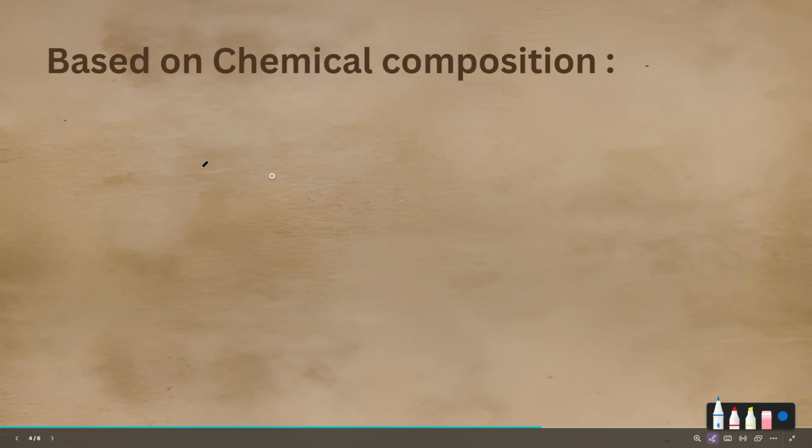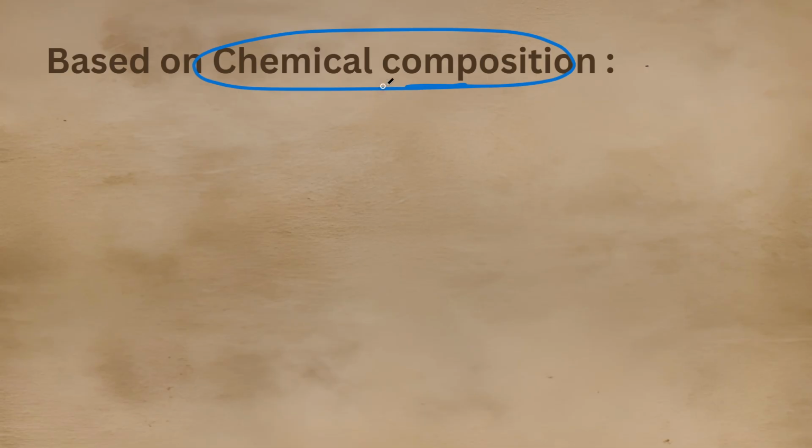Now let's talk about the chemical composition of the igneous rocks. Silica is a very important mineral of igneous rocks, and it determines the pH or acidity of the rocks.